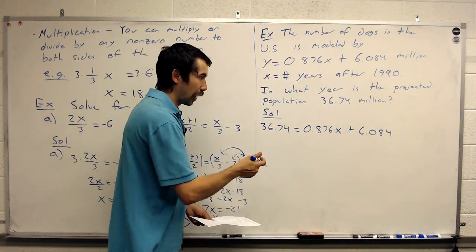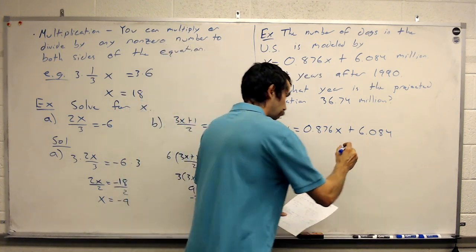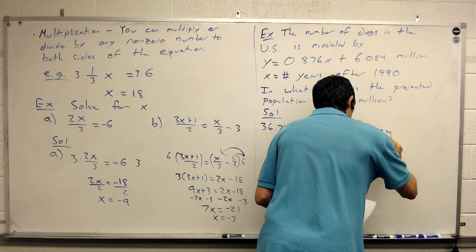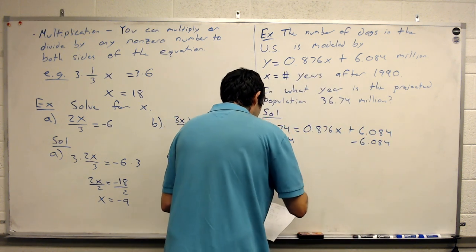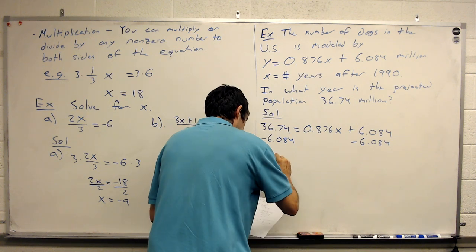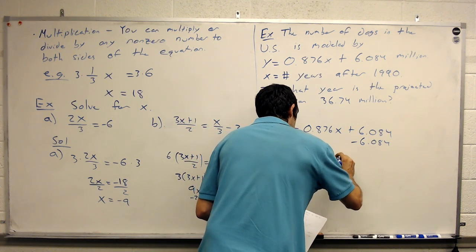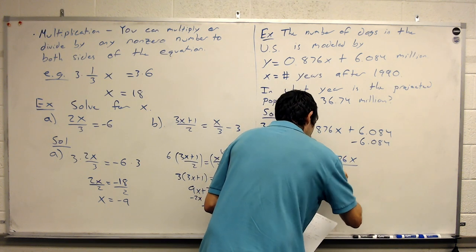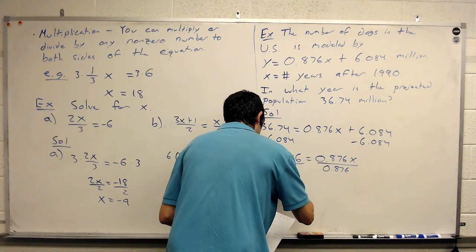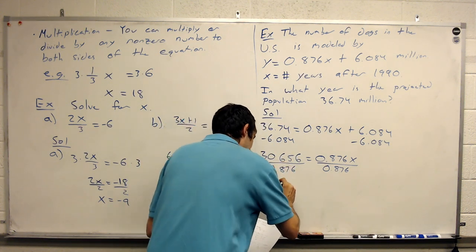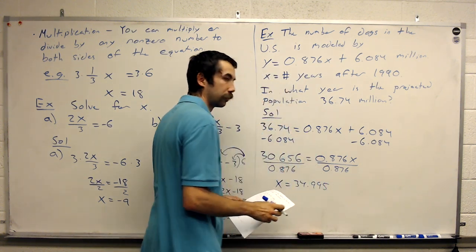Okay, and so we could subtract 6.084 from both sides. And we get 30.656 equals 0.876x. Dividing both sides by 0.876 gives us x equals 34.995.